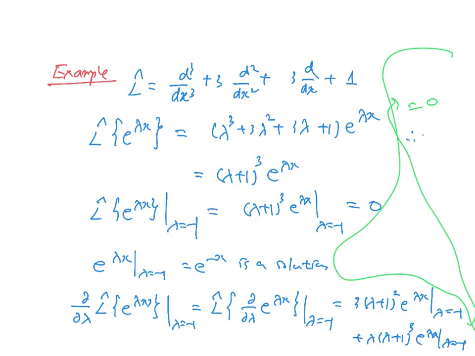So partial lambda of exponential lambda x is also a solution, which is x exponential minus x, right? And then you can differentiate twice.